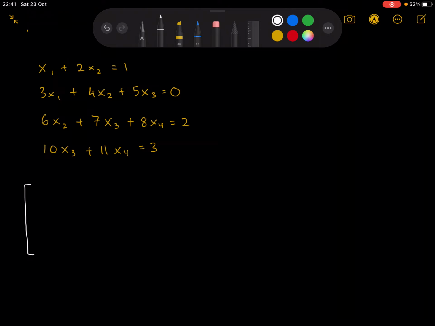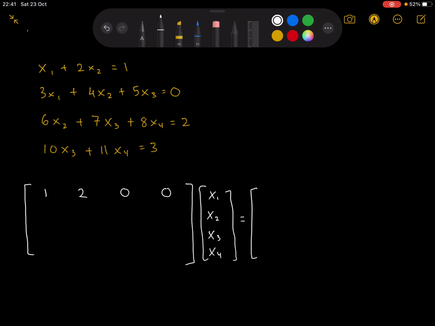So we have 1x1 plus 2x2, 0x3 and 0x4, times x1, x2, x3 and x4, equals 1, 0, 2, 3. Right, this is the complete matrix form.